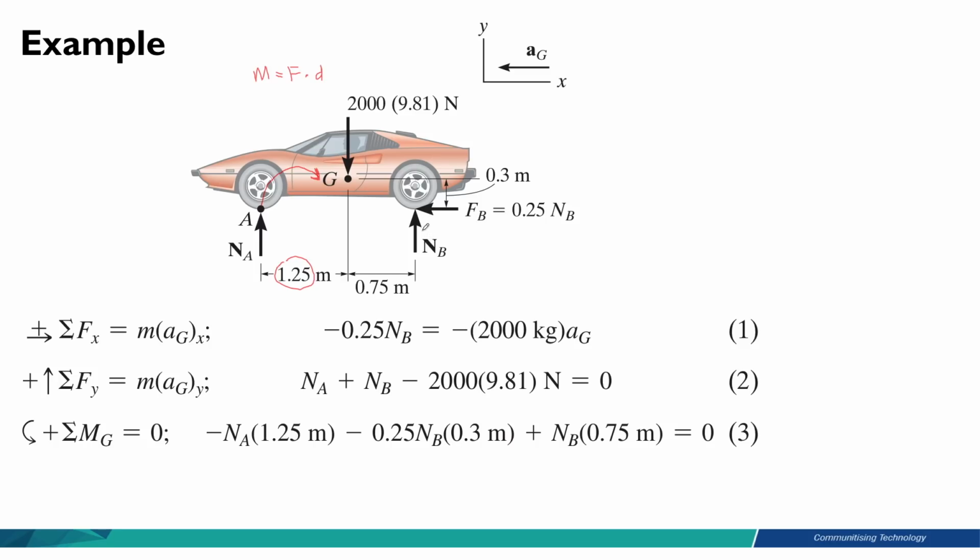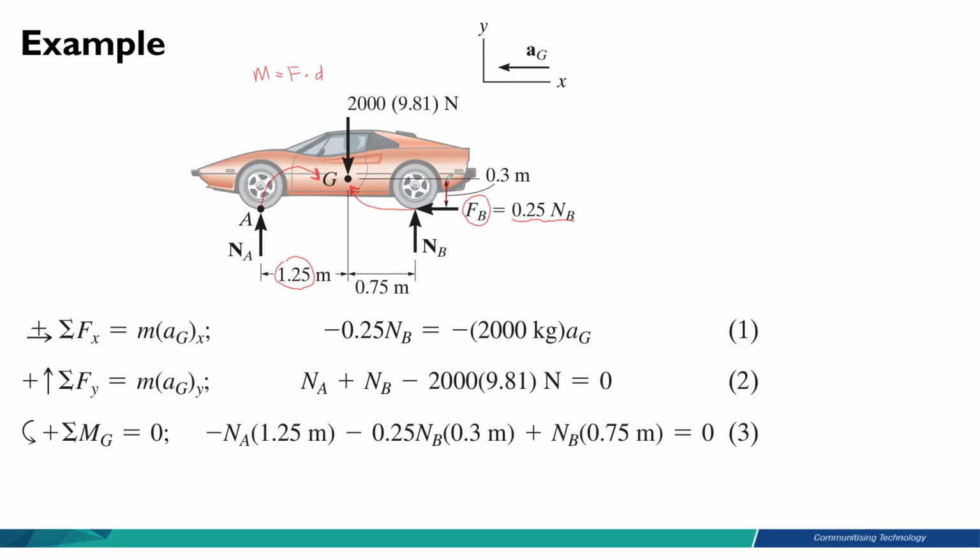Next is Nb. Sorry, this is 0.25 Nb. This represents the Fb here. Fb is 0.25 Nb. So this is pointing in this direction to go to point G. You see that this rotation is also clockwise, therefore it is negative. So minus 0.25 Nb times the distance, which is here.